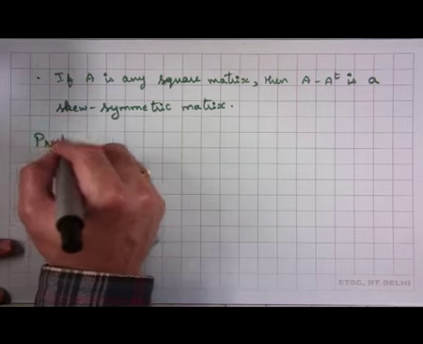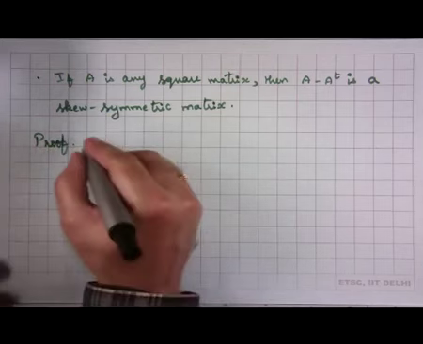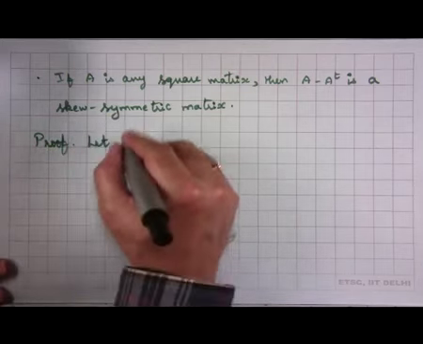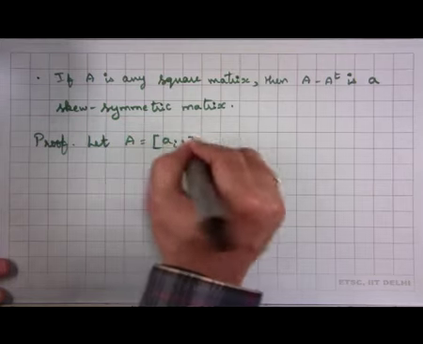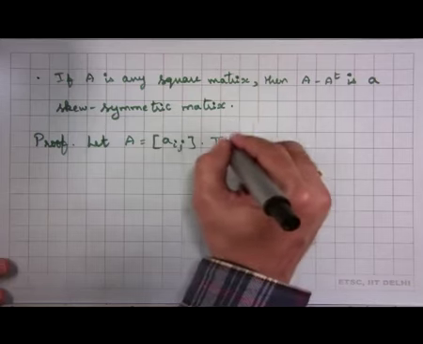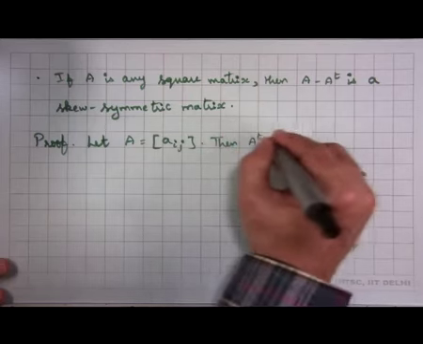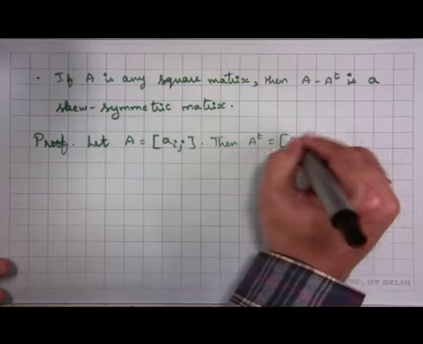Proof: as usual, let A equal to the matrix aij, then the matrix A transpose is given by aji.